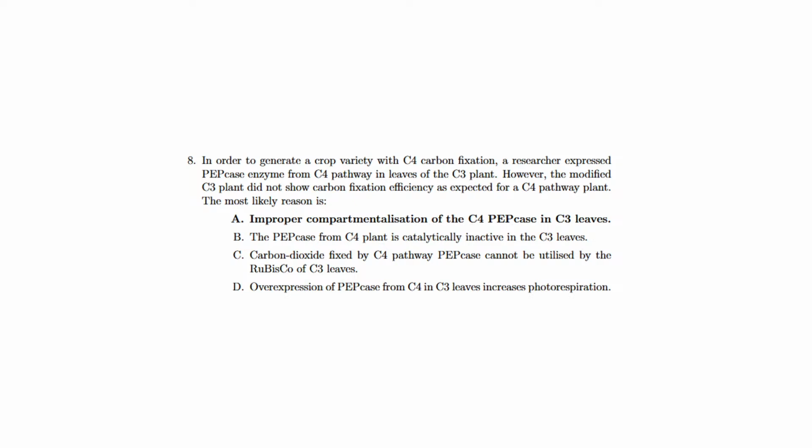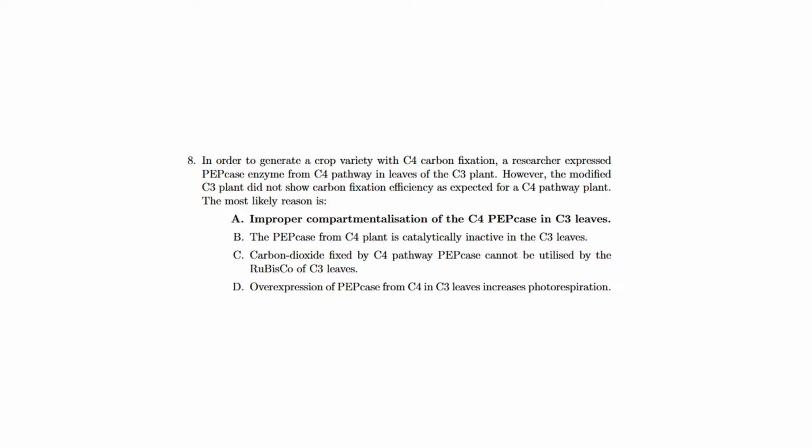Okay, so this question is from carbon fixation. It says that in order to generate a crop variety with C4 carbon fixation, a researcher expressed the PEPCase enzyme from the C4 pathway in leaves of a C3 plant. However, the modified C3 plant did not show the carbon fixation efficiency expected from a C4 pathway.